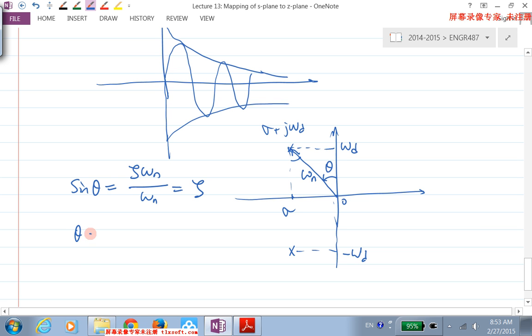In other words, you can always write theta equal to the arc sine of zeta.